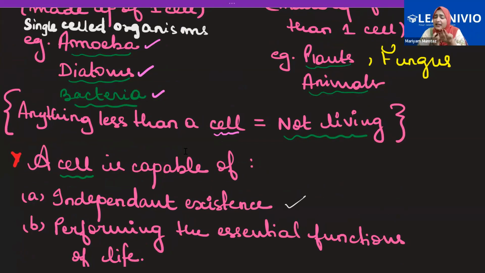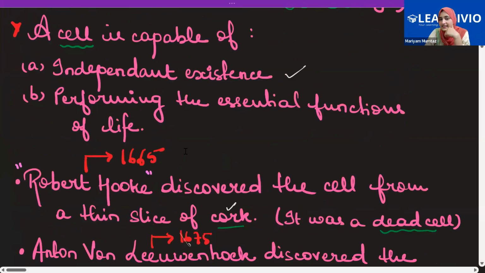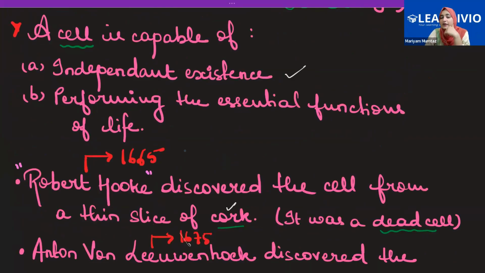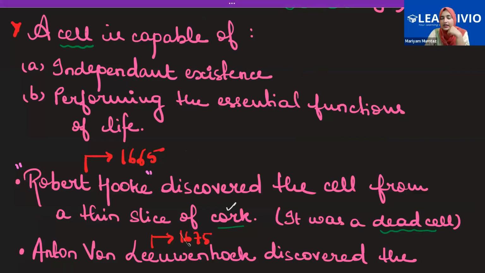Same way, the basic requirement to be considered living is the presence of a cell. So, all in all, the cell is capable of independent existence. It is capable of performing essential functions of life. And that is why we call it the structural and the functional unit of life. This much is clear? Yes.